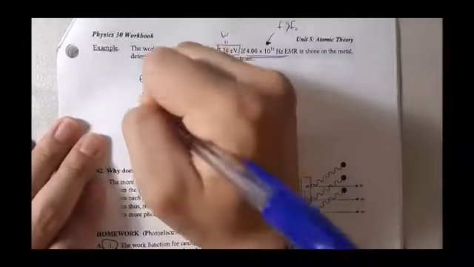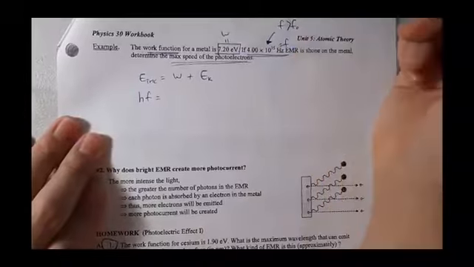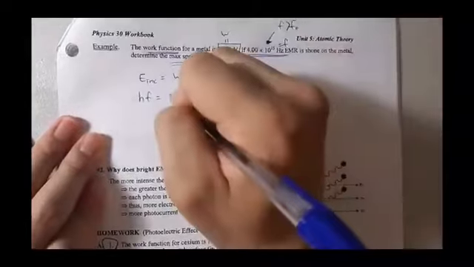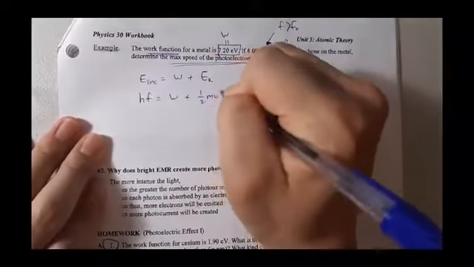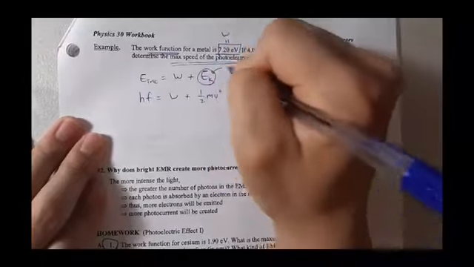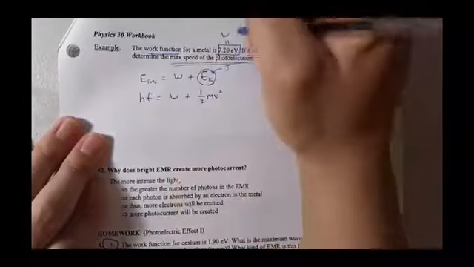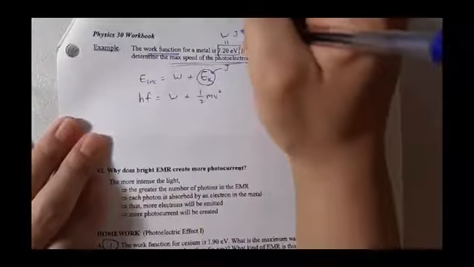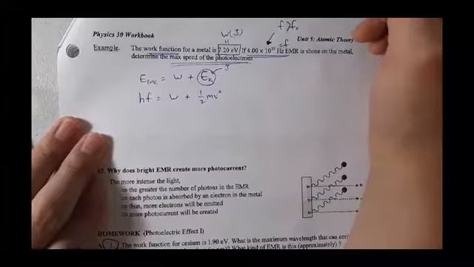E incoming is hf. That is basically what I have over this side. Work function we know as 7.20 plus 1 over 2 mv squared. But here's the thing. If you think about kinetic energy, it is joule, right? So that means it is a good idea to convert this electronvolt into joule too. And we're going to do that as a little pre-step.